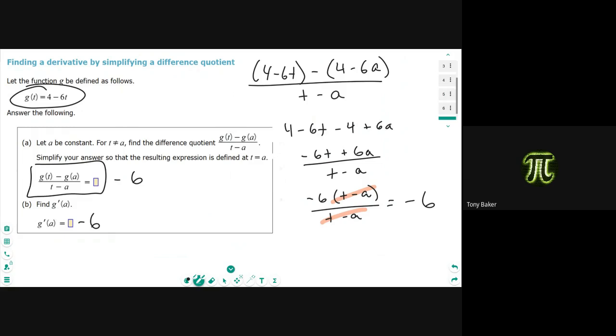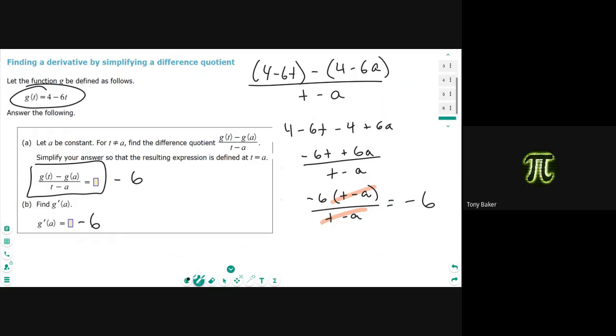I didn't expect most people to get it. It's okay. The original function was a linear equation, right? 4 minus 16. Simple, in essence, y equals mx plus b equation. A linear equation has the same slope all the way through, right? Never changes. So the slope of that line everywhere has to be -6, which is the slope of the line. Okay.